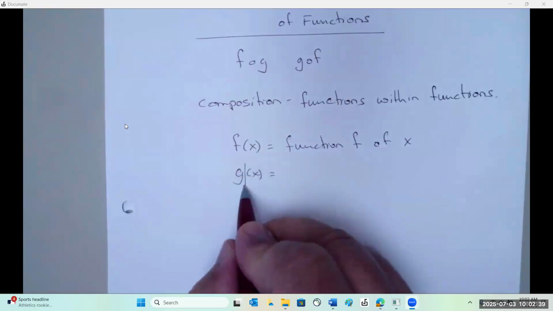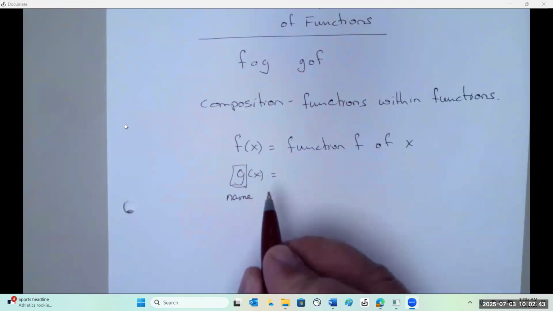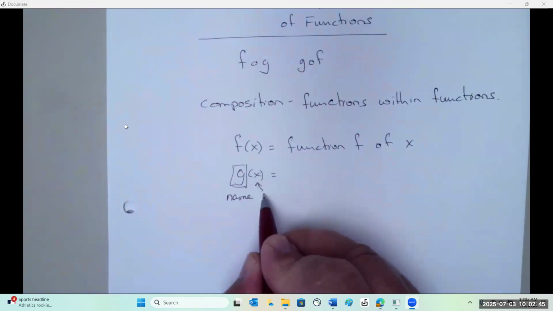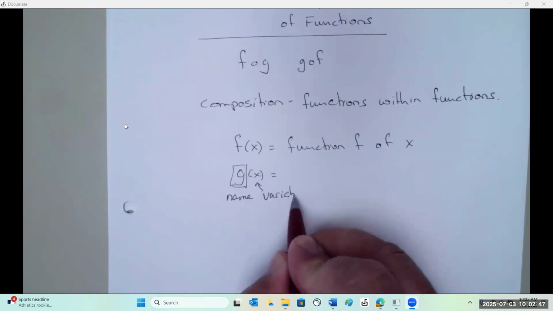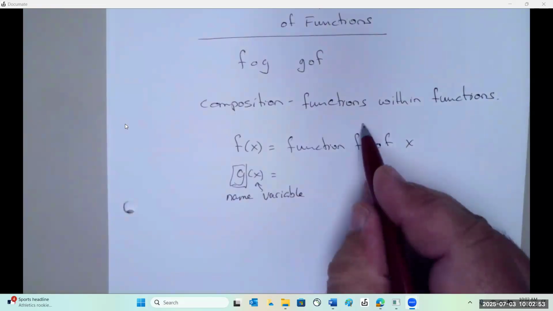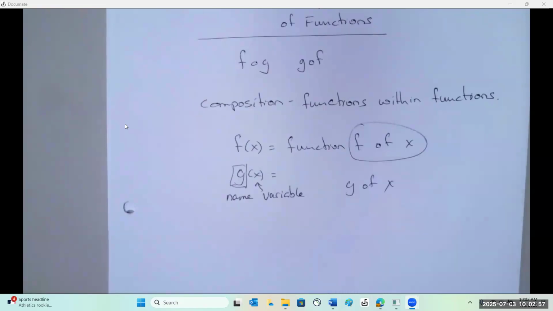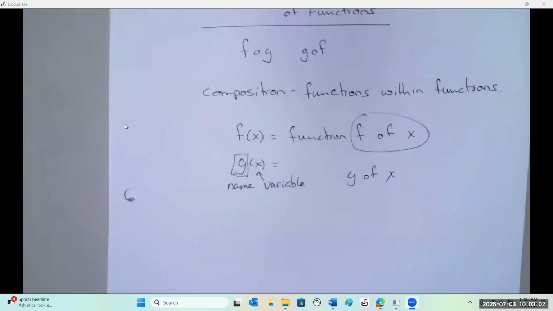This is the name of the function, and this is the variable used in the function. So we just commonly call it f of x, g of x. Whatever's inside here, you plug into the variable in your equation.